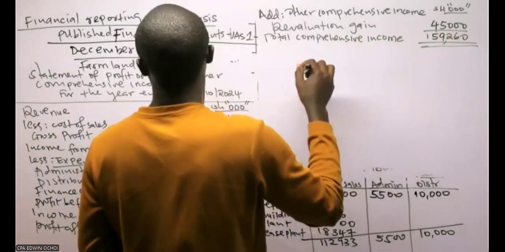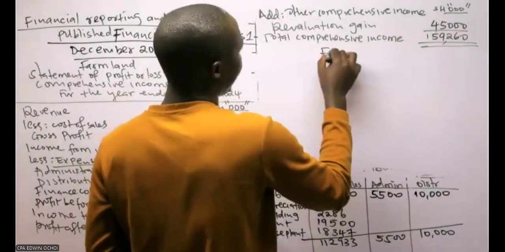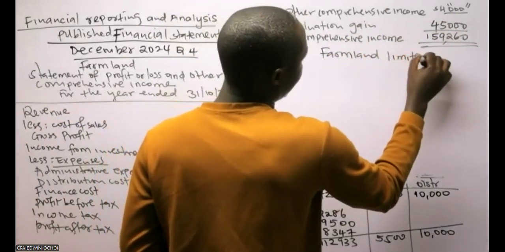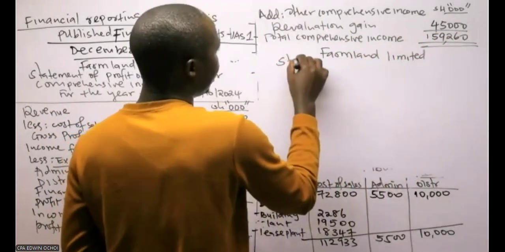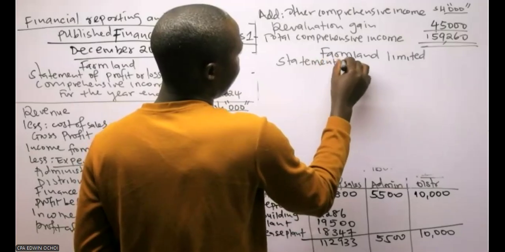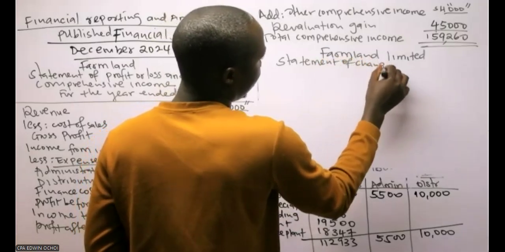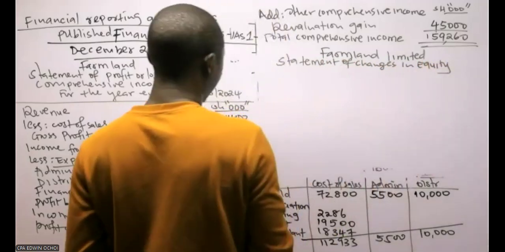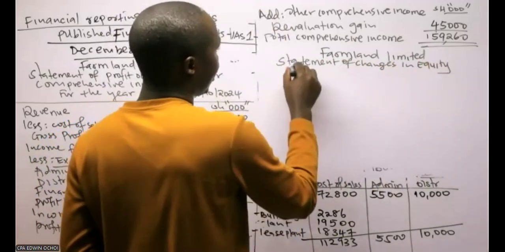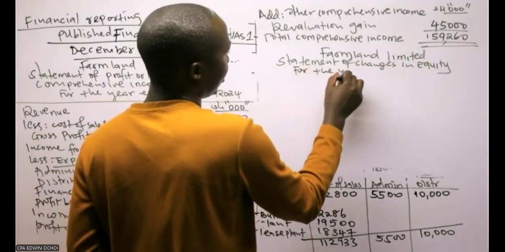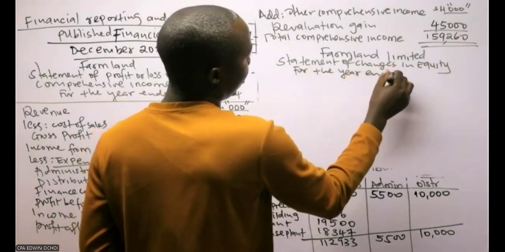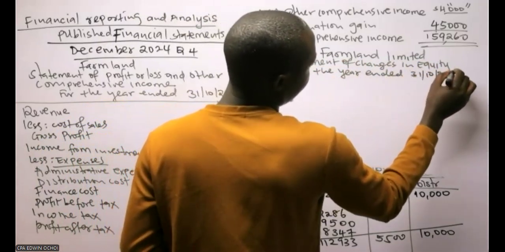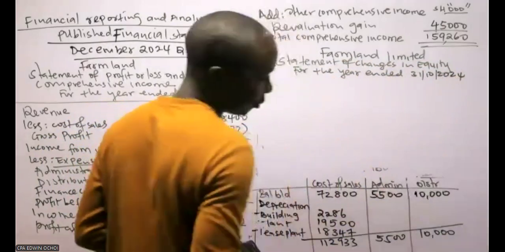All right, so we do the statement of changes in equity. So it comes and says Farmland Limited, statement of changes in equity for the year ended 31st October 2004.